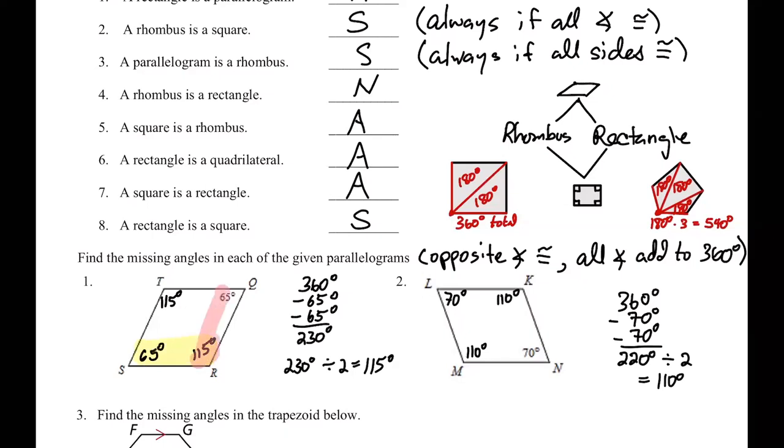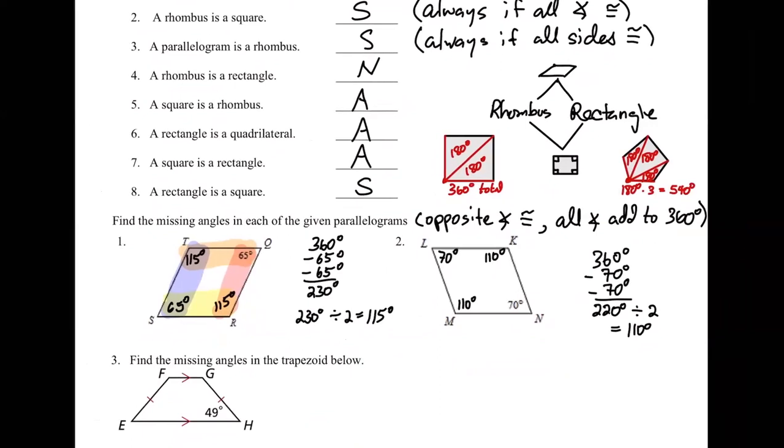These two angles add to 180. These two add to 180. And for a fresh new color, these two add to 180. And that holds true in any case involving a parallelogram. The opposite sides will be congruent, but also the consecutive angles will add to 180 degrees. And so it's a good way to either check or just do the work flat out.